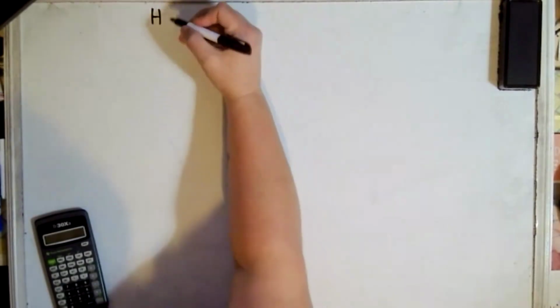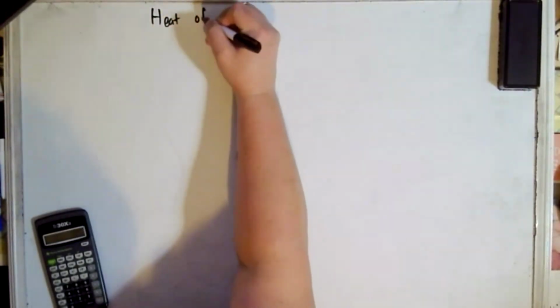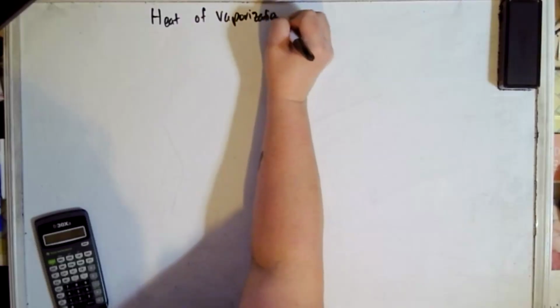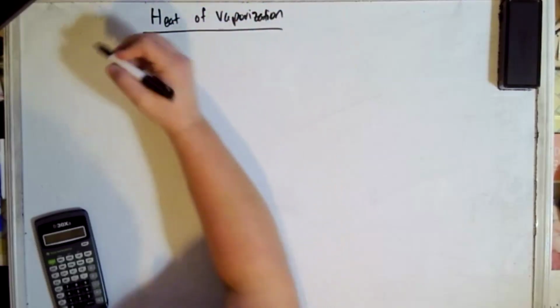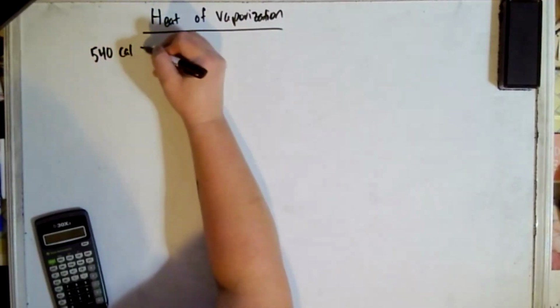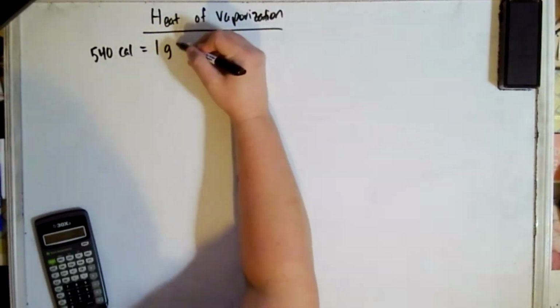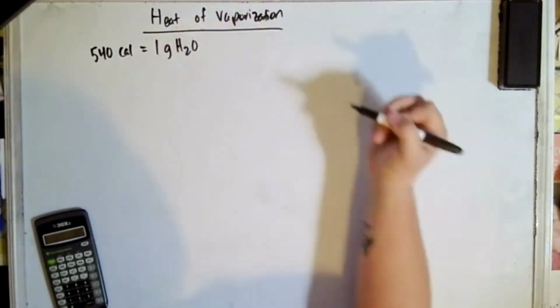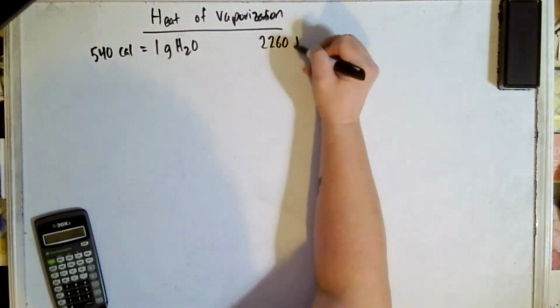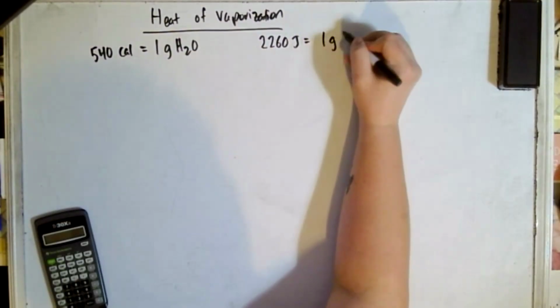If I tell you what the heat of vaporization is and you don't know how to work with it to solve a question, it's not going to do you very much good. Okay, so we have the calorie version, which is 540 calories for every 1 gram of H2O. And then we have the joule version, which is 2260 joules for every 1 gram of H2O.